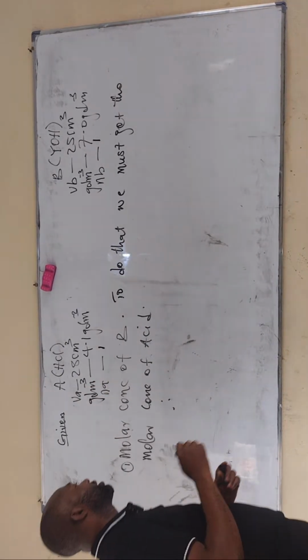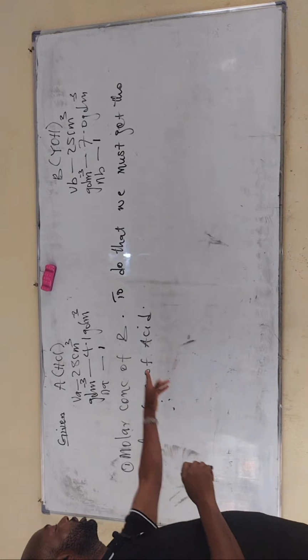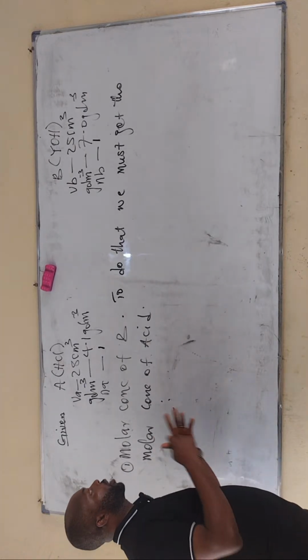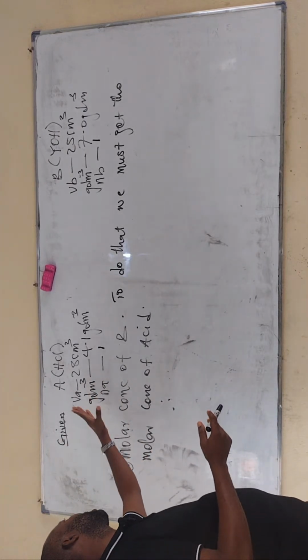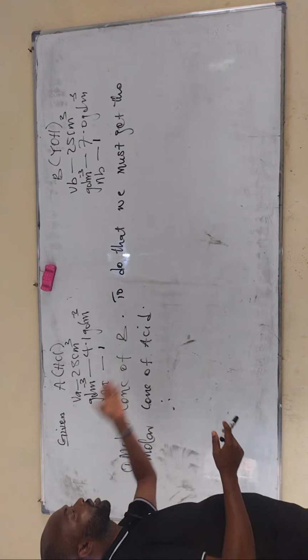Therefore, if we must get the molar concentration of the acid first, the next thing to be done is to apply my other formula, which says mass concentration over relative molecular mass.